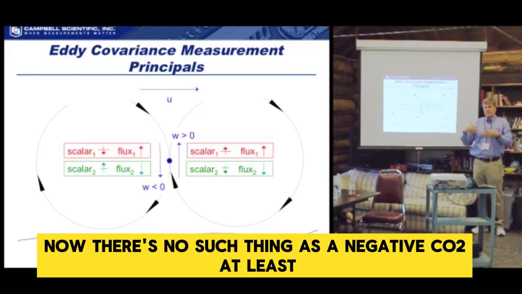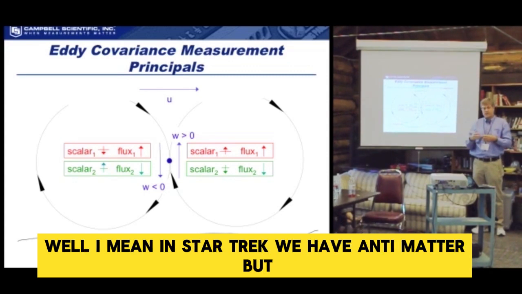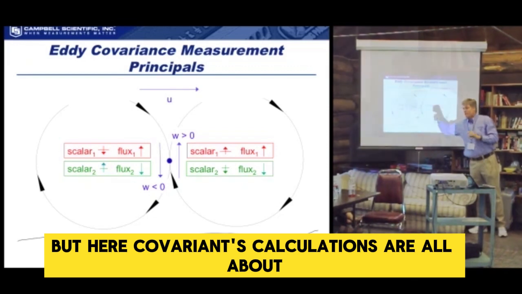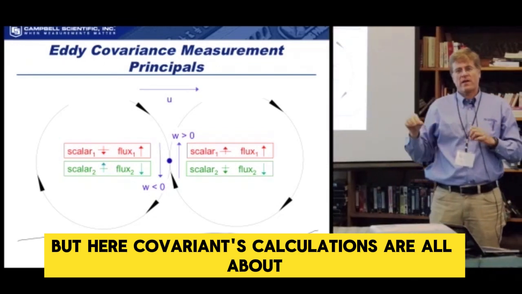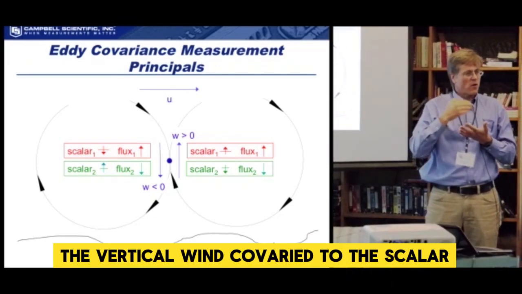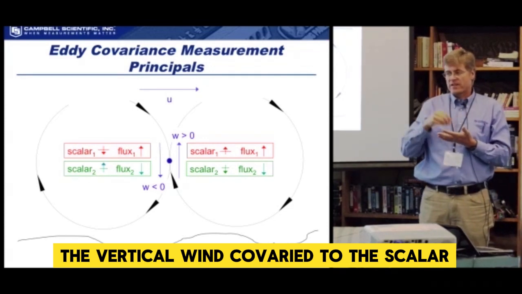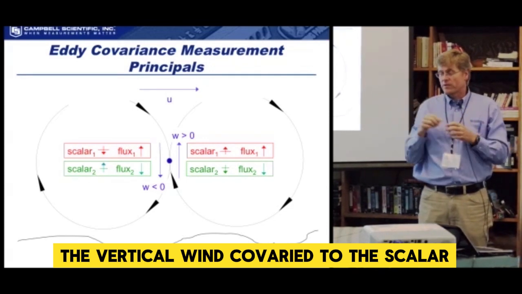You know, there's no such thing as a negative CO2, at least, well, I mean, in Star Trek we have antimatter, but here, covariance calculations are all about the vertical wind covaried to the scalar, each relative to its own mean.